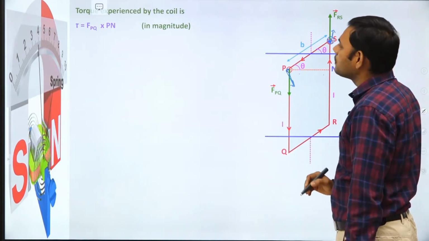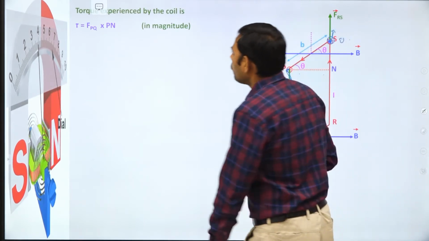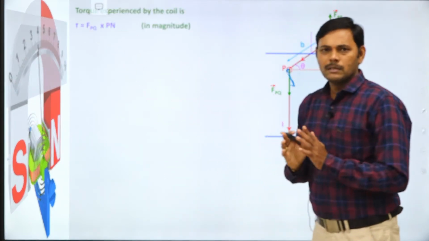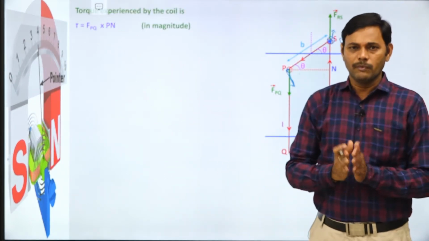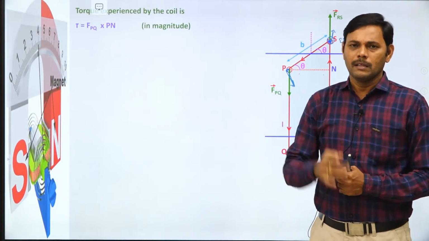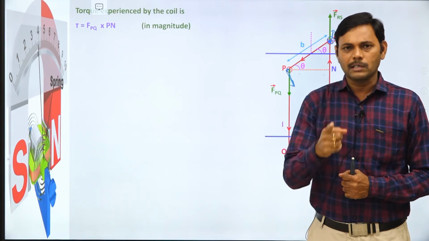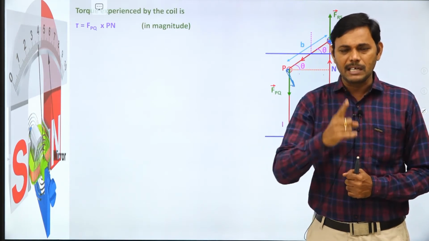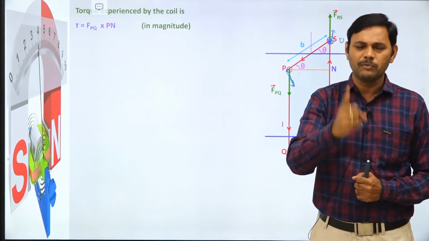Then torque is equal to force into perpendicular distance. When there is a couple acting on the coil, torque is the product of the magnitude of one force and the perpendicular distance between the lines of action of the forces.